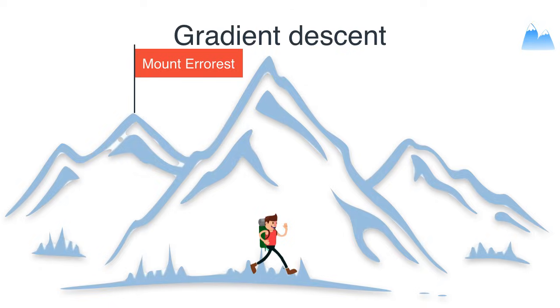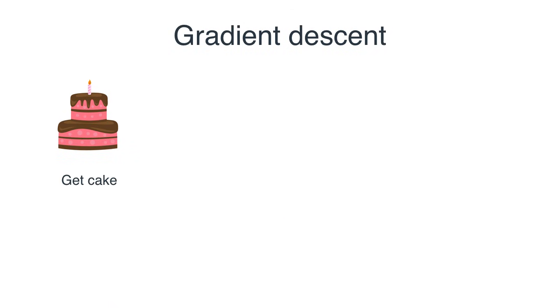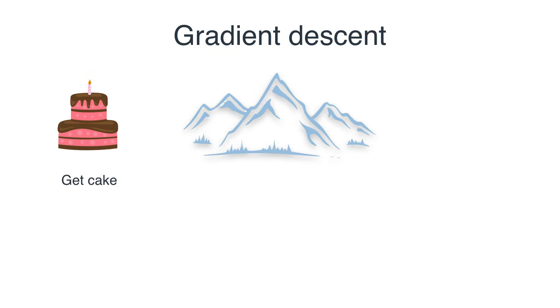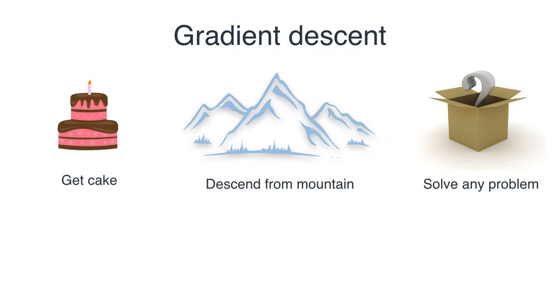So let's look at the problems that we just solved. First problem was get the cake, and the second problem was descend from a mountain. Then let's just think of any machine learning problem, which is solve any problem. How did we solve the cake problem? We minimize the distance to the cake. How do we solve the mountain problem? We minimize the height. So in order to solve any machine learning problem, what we want to do is find a metric that tells us how far we are from the solution, just like how far we're from the cake or how far we are from the floor.